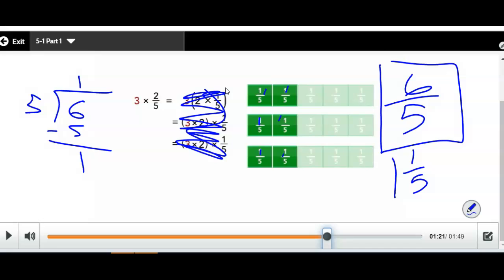Subtract. You get 1. We don't bring anything down. Your remainder is your numerator. The way to think of it: the whole number becomes the whole number of the mixed number. Your remainder, what you have left over, is your numerator. The denominator is your divisor, which stays the same.